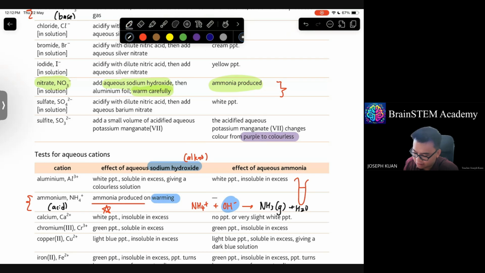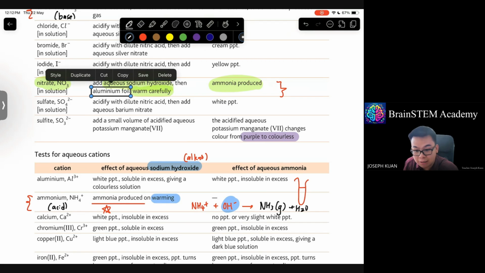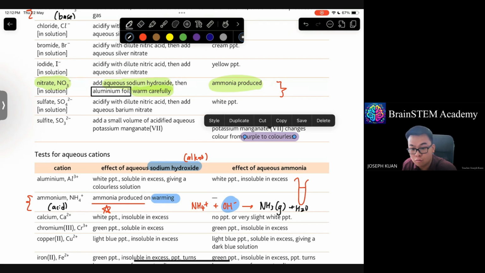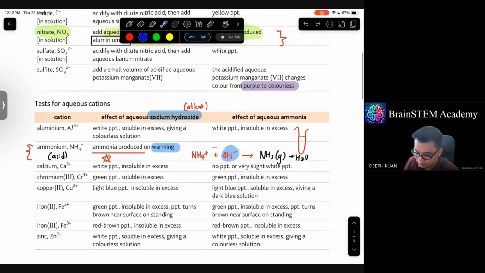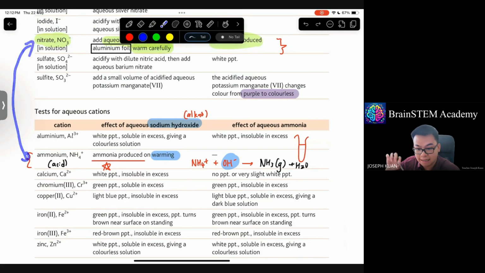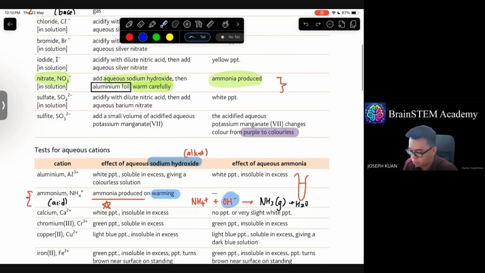However, just one key word here that is different: aluminium foil. So this is actually a redox reaction. You don't have to know the details, but know that it's a redox reaction leading to the formation of ammonia. So you can link these two together, such that for nitrate, just remember that there's extra aluminium being added to create the ammonia gas.